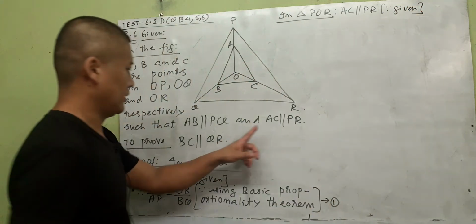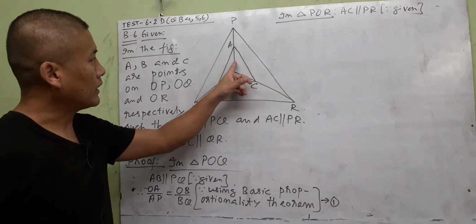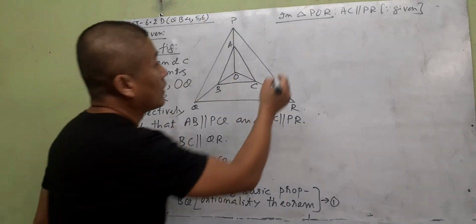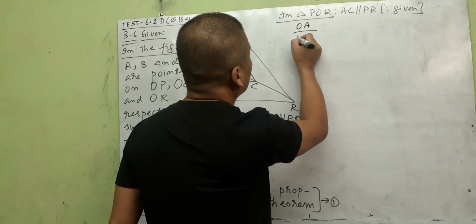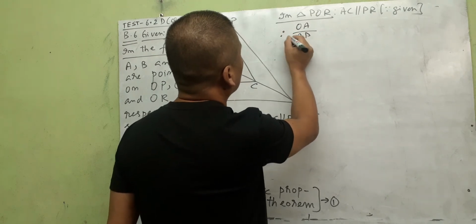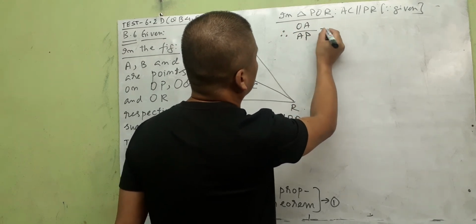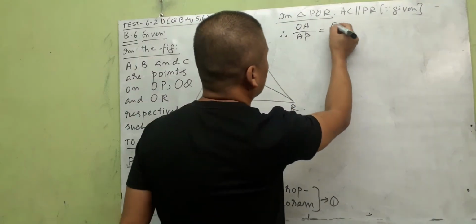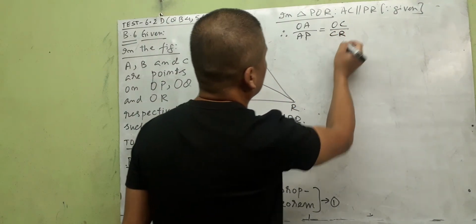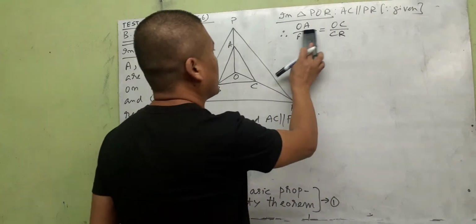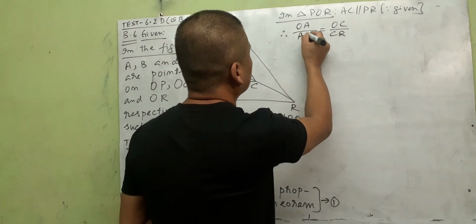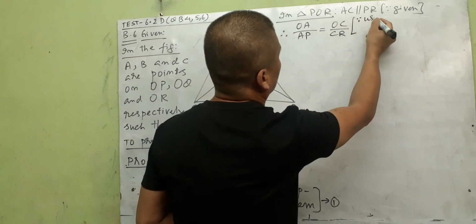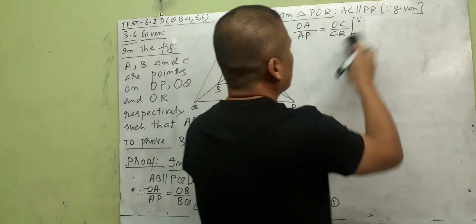So it will divide this side and this side in equal ratio, means OA by AP will therefore be equal to OC by CR, since using the same theorem.